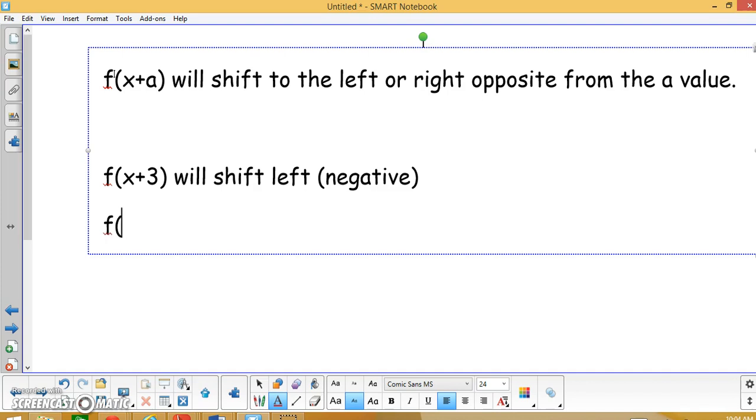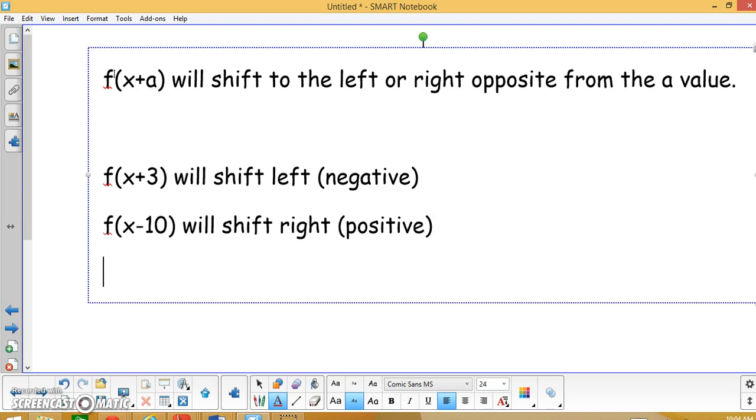If I had f of x minus 10, it will shift to the right, which is our positive. So another example, f of x minus 12 will shift to the right, which is positive.